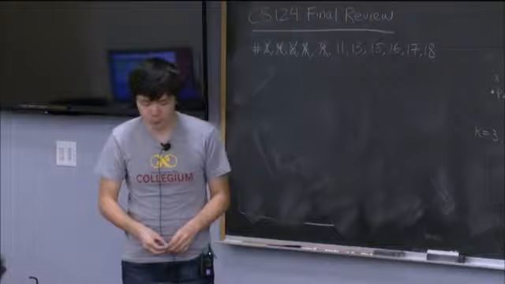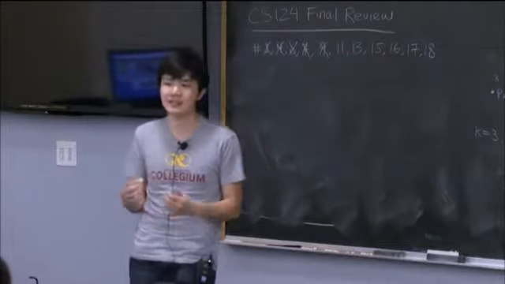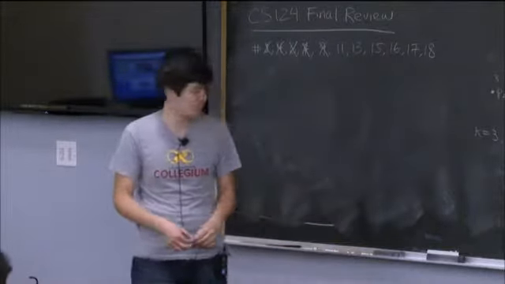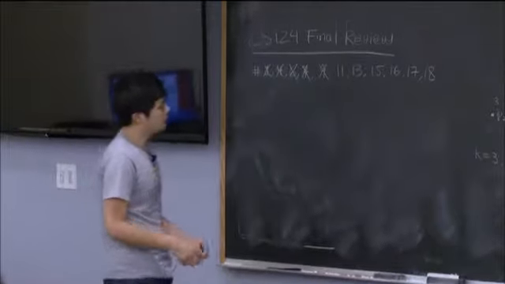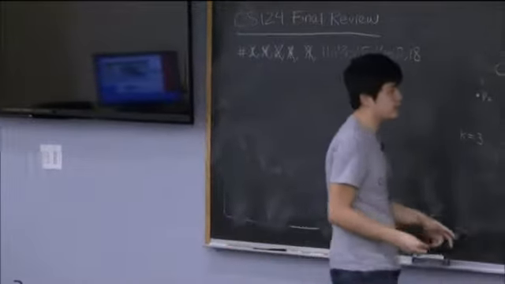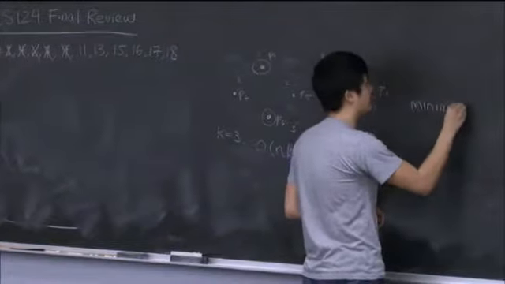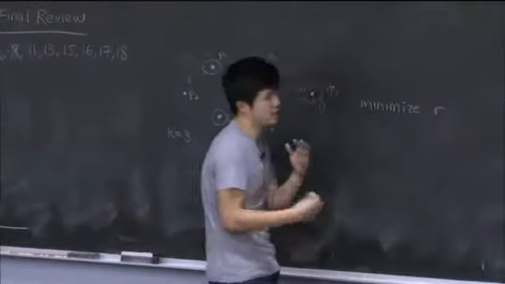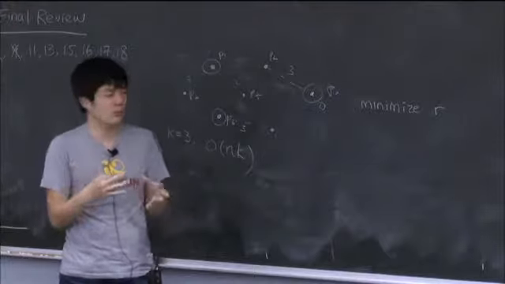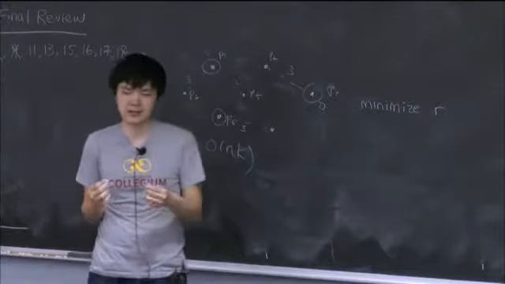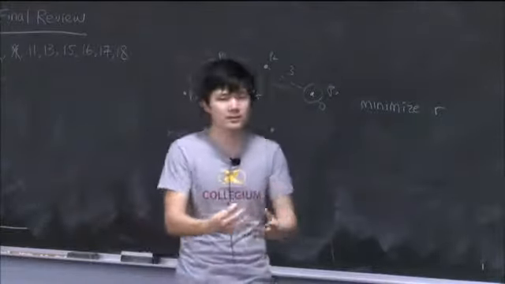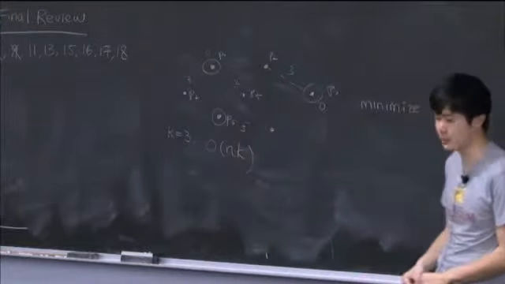But part B asks us to prove that this is a true approximation. It's not an exact algorithm; it's a true approximation. Okay, so what that means, recall, is that this is a minimization problem, right? We're trying to minimize some number, which I'll call r, which is like the radius, almost like the distance, like the largest distance that anyone has to travel to get to their closest hospital, right?